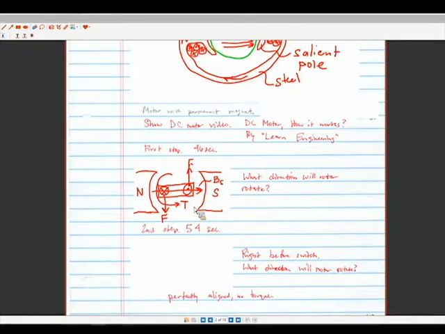Because of the torque, and it's on some sort of bearings, it's going to cause it to rotate until we get to this location. At this location, we've rotated 90 degrees. Now the force hasn't changed direction, right?